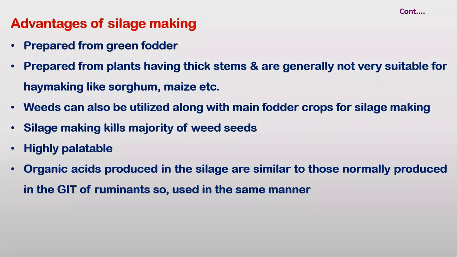So there is no change in the rumen fermentation parameters and rumen microorganisms when we offer the silage to the animals. And this silage is widely used all over the world for feeding animals.